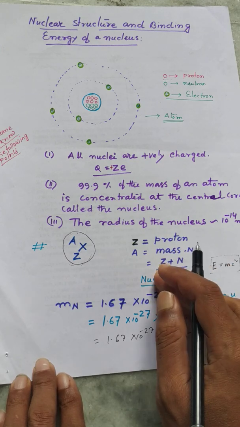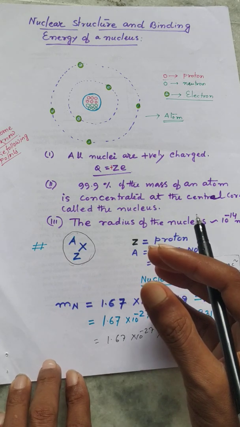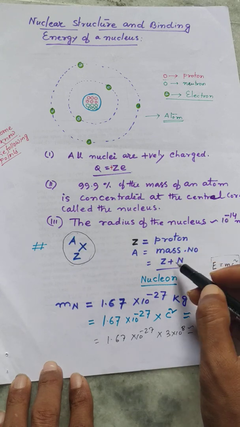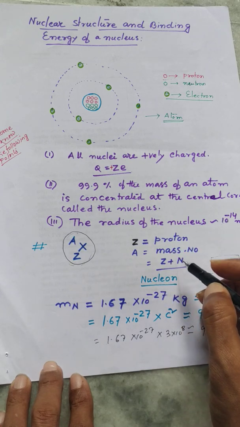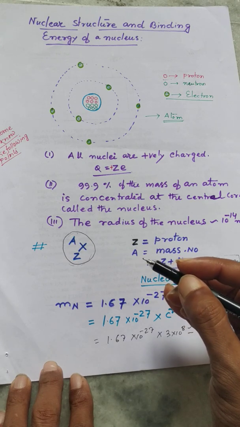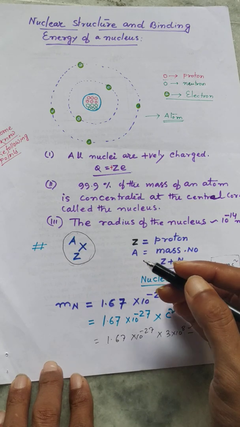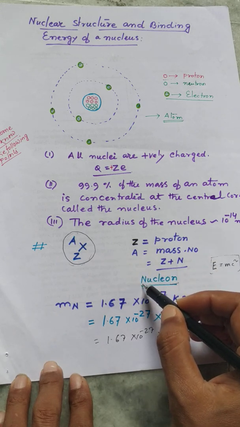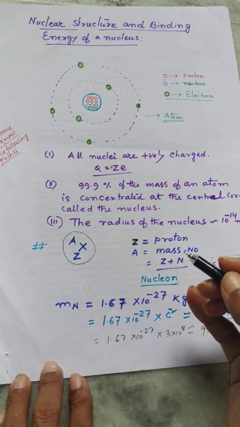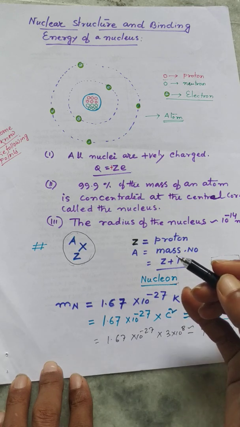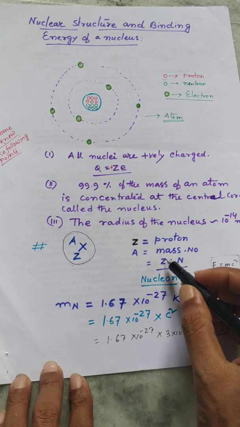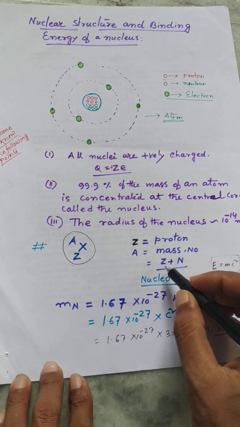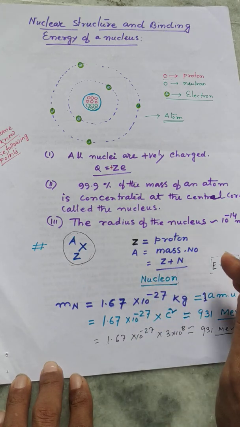Actually, protons and neutrons are not different physical entities. They are different charge states of the same physical entity called a nucleon. The physical entity is the same, and sometimes it manifests as a proton and sometimes as a neutron.